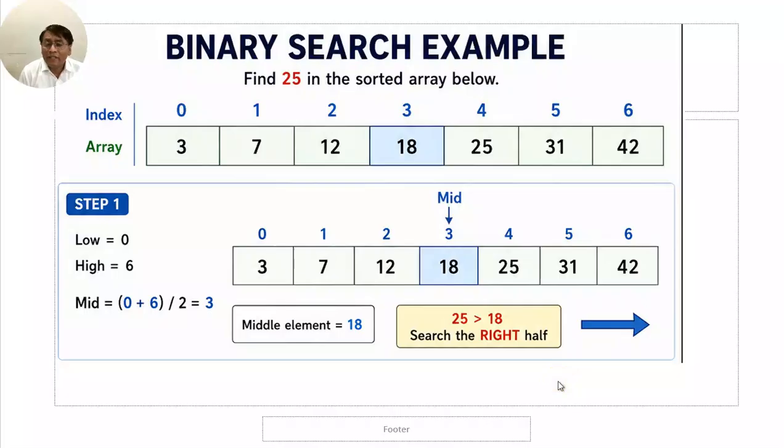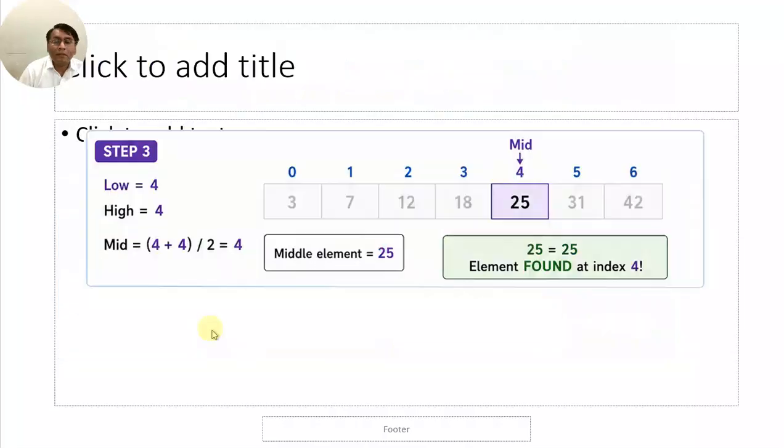Here 25 is greater than 18, meaning we discard the left part of it and continue searching on the right half. So in this case the lower bound becomes 4 and the upper bound becomes 6. In the second iteration of this algorithm, again calculate the middle element.